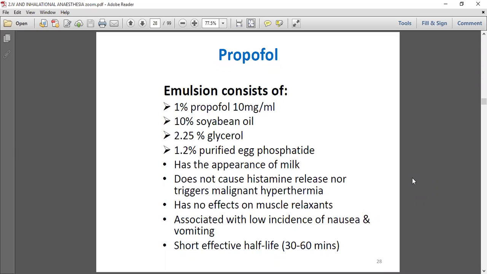But most of these IV drugs do not cause malignant hyperthermia. Malignant hyperthermia is common in inhalational anesthetics. Hope you understood. They're saying propofol is good because it does not cause histamine release, nor does it trigger malignant hyperthermia.